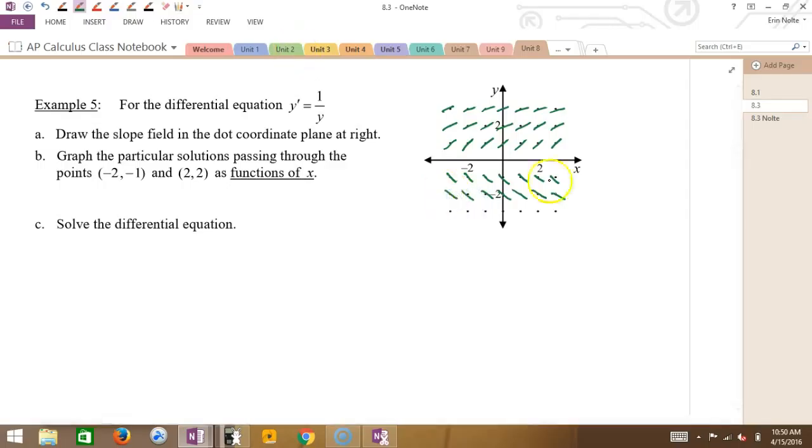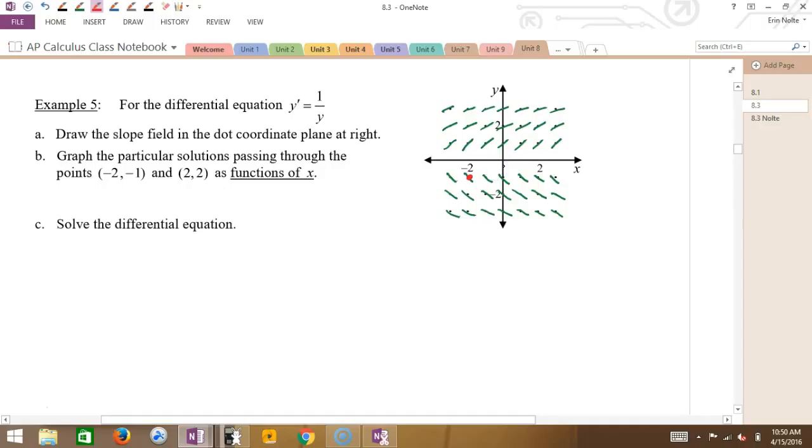And when y is -3, we get -1/3. Okay, so let's draw the particular function through -2, -1. If I go -2, -1, that's this point down here in the 4th quadrant.